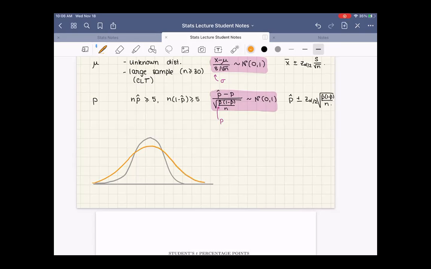Okay, so the information is not as concentrated around the mean as in a normal distribution. So this would be a normal distribution, and this would be a t-distribution.